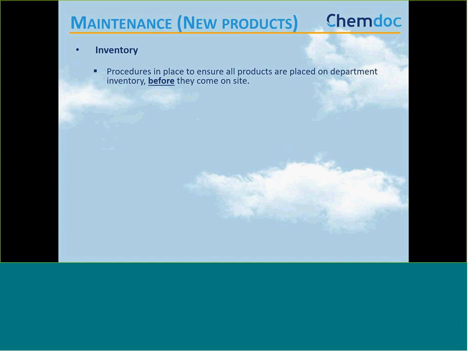We would say put a procedure in place so that all products are placed on the department inventory before they come on site. It's not that we buy a new chemical into our department, we have it here on site, and then we say, okay, we have it on site, we need to add it to the inventory. It needs to be done before it comes on site, so you can actually start the work and identify the hazards before they actually become a problem.